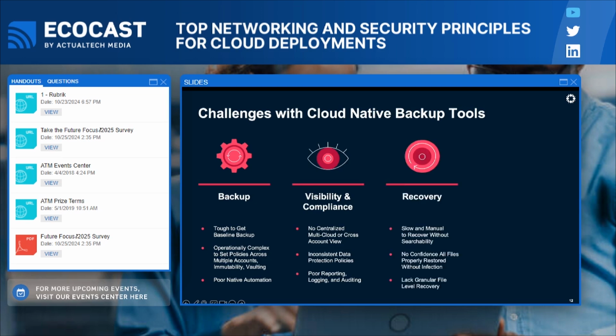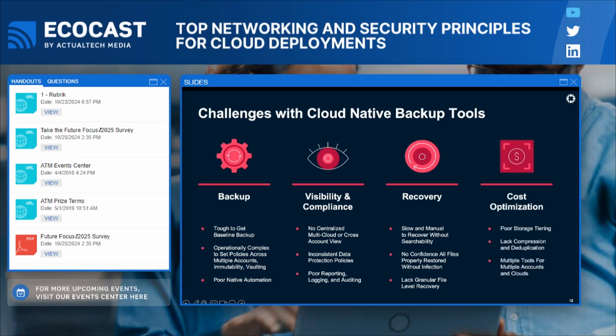Then a backup is only as good as the recovery capabilities that it provides. If you think about recovery being quite manual in the public cloud, not super performant, missing things like single file recovery and so on, that becomes a challenge. And then finally, the lack of cost optimization in the public cloud, because there's a lack of storage tiering, there's a lack of compression and deduplication, and multiple clouds needing multiple tools.